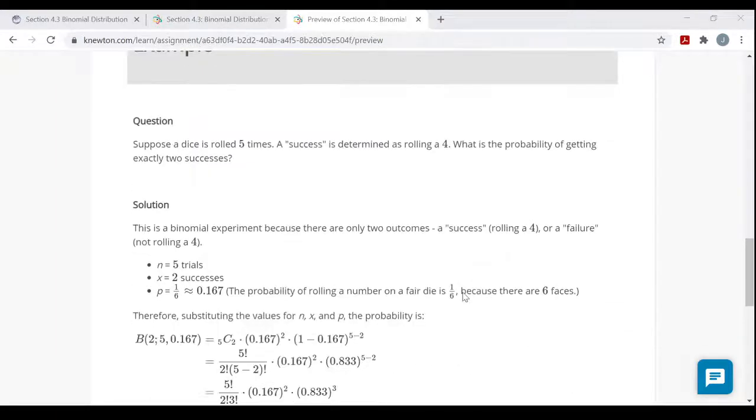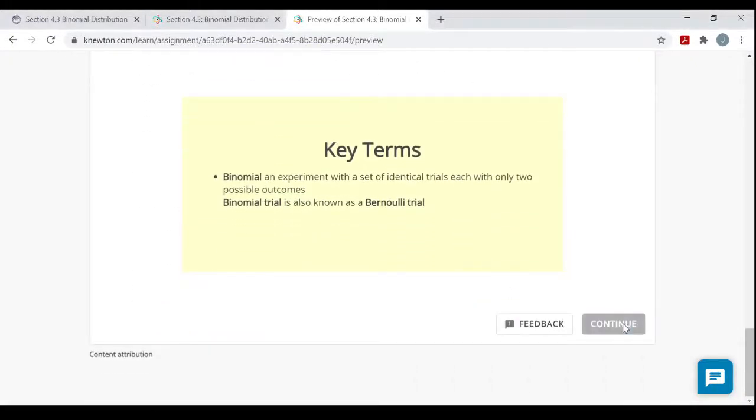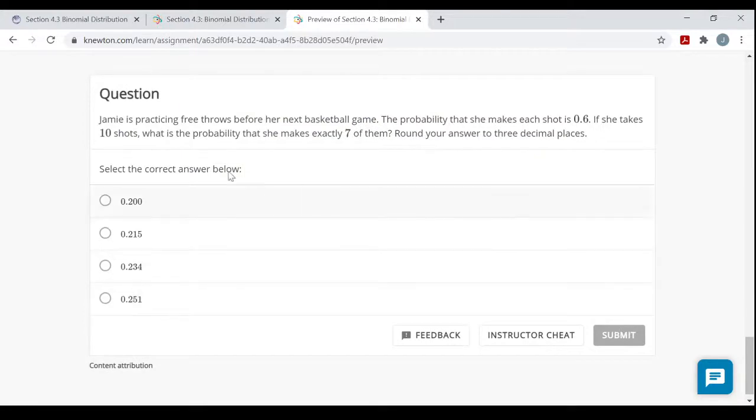So for example, they give one here. I'll just go to a question. You can read that example on your own. So here. Jamie is practicing free throws before her next basketball game. The probability that she makes each shot, so this is each individual shot, each individual trial, is 60%, 0.6.